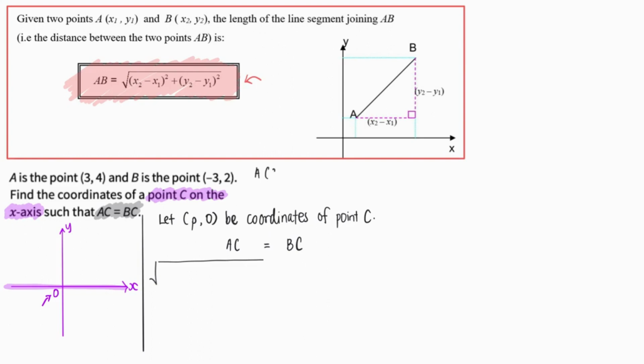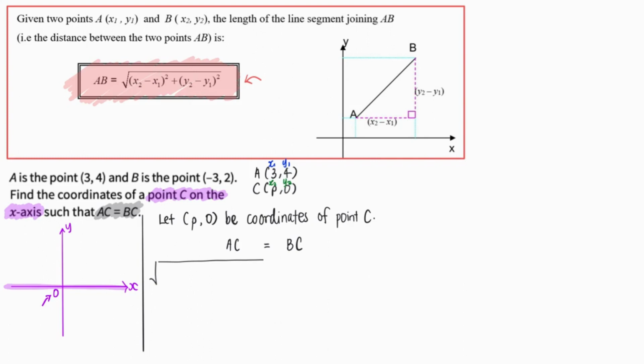A is 3, 4. C is P, 0, so that I could have my x1, y1, x2, y2, and when I substitute into the formula, I will get my AC. Same goes for B and C, point B and point C for the length BC.